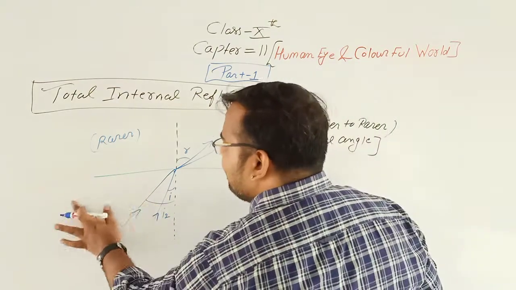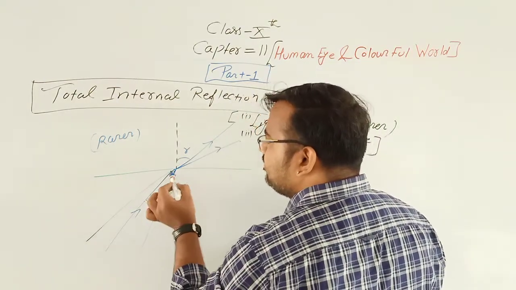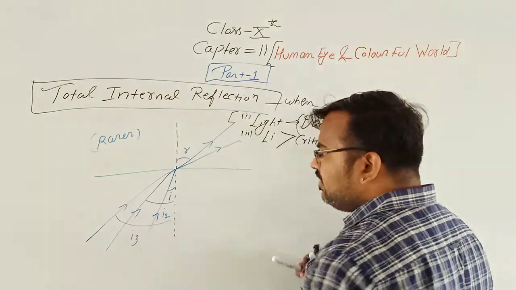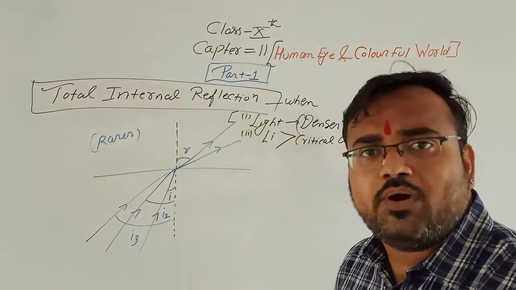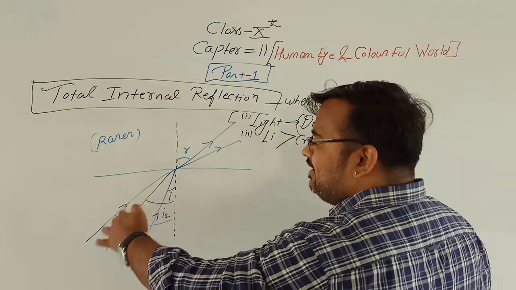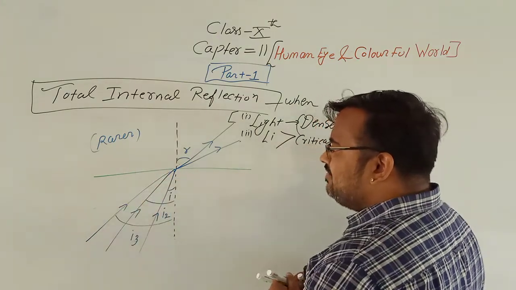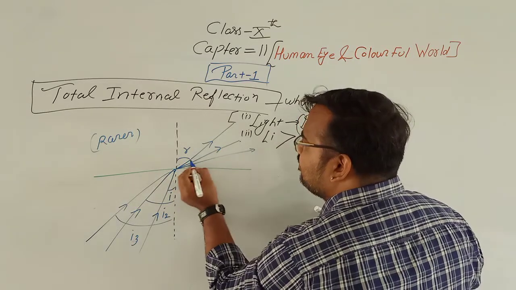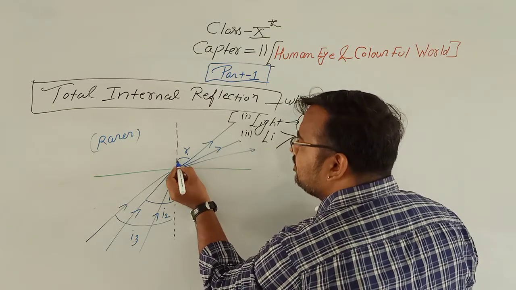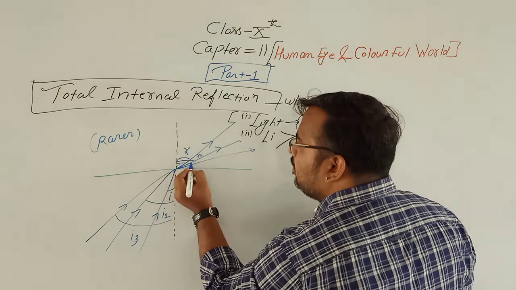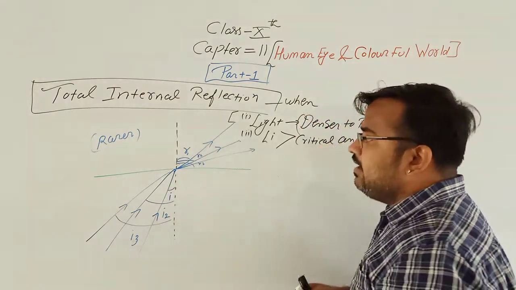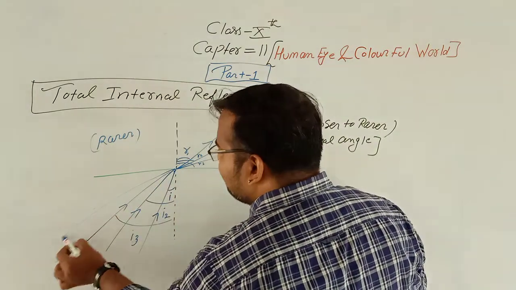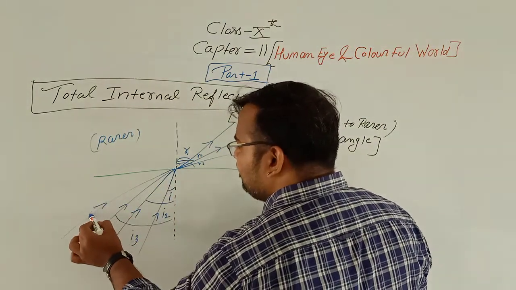Again, if I increase the angle of incidence, this is I3, the angle of refraction also increases. So this is R1, R2, R3. Clear? Now again, if I increase the angle of incidence, this is I4.